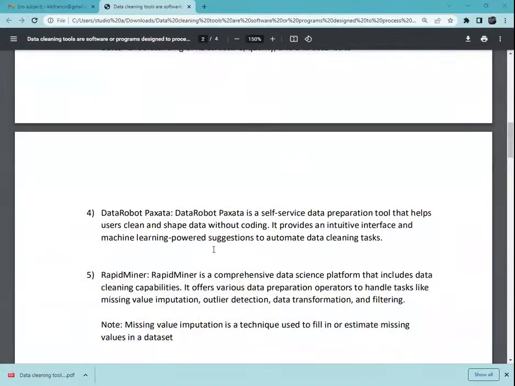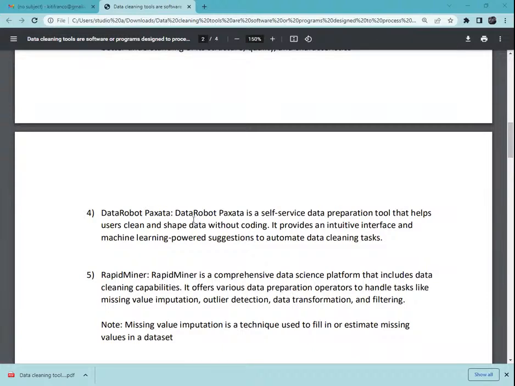Then we have DataRobot Paxata. It's again an artificial intelligence data cleaning software. You can see it is making use of robots here, right? They're able to simplify a lot of processes for you.